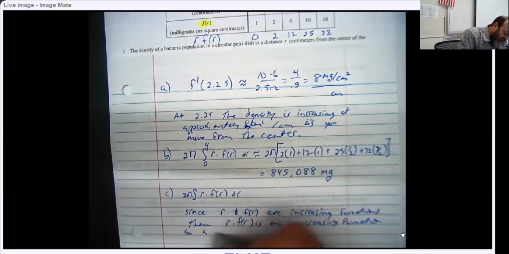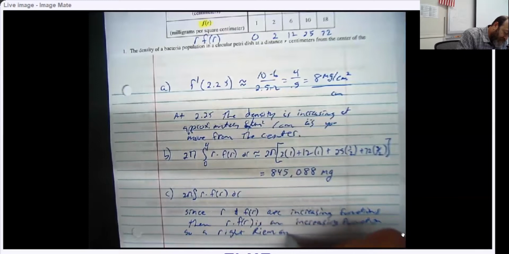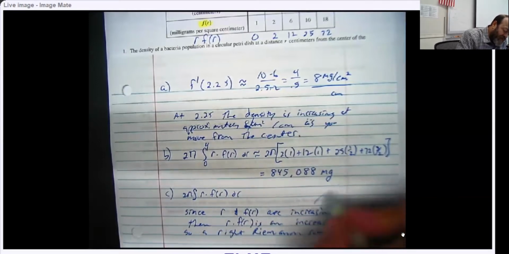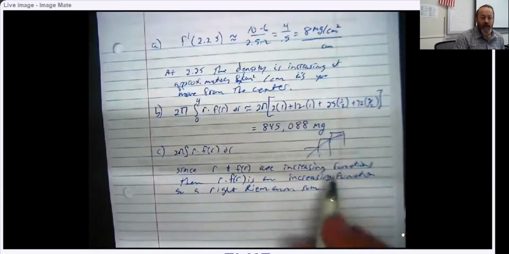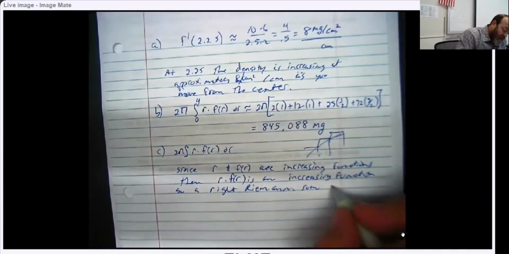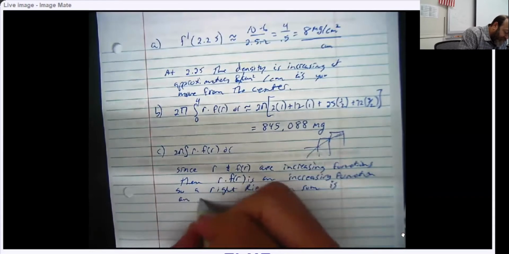So a right-side Riemann sum. I usually draw a picture, think about some kind of increasing function and make our right Riemann sum. It doesn't take very long to demonstrate, oh yeah, that's right. That's going to be an overestimate.